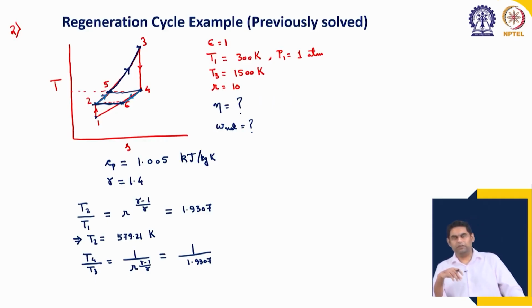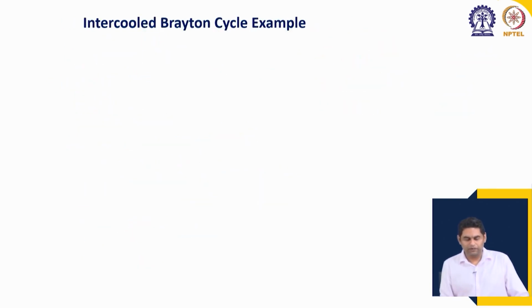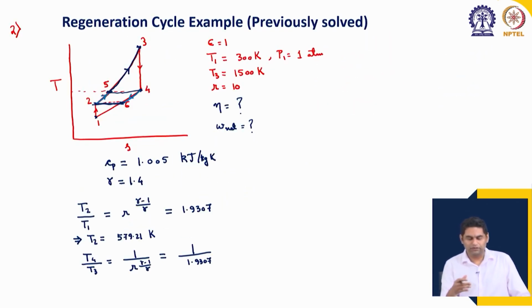Before we start with the solution of a problem for the intercooled cycle and the intercooled regeneration cycle, I just wanted to show in general what type of problems we had solved previously for other cases. I have taken an example from a regeneration cycle.